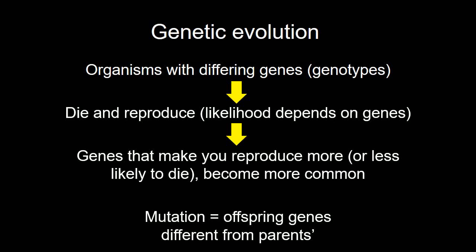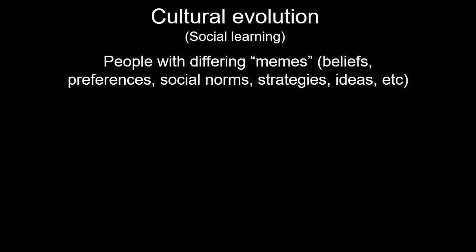That's standard genetic evolution, but there's also cultural evolution, or social learning, which is a process that happens not over the time scale of generations, but within our lives. You have people with differing, what Dawkins called, memes: different beliefs, preferences, social norms, strategies, ideas, whatever.